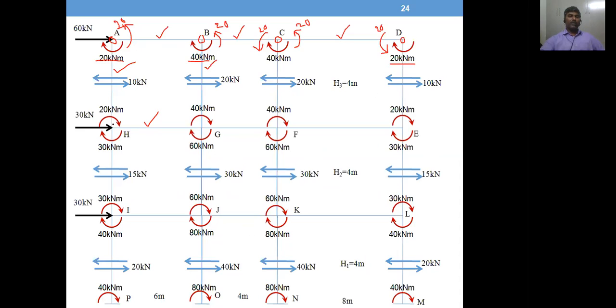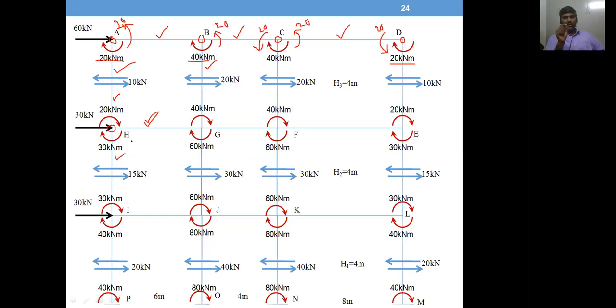So you have three members joining H, two columns, one is this one, and a beam. Okay, so HA, HI, HG, right?